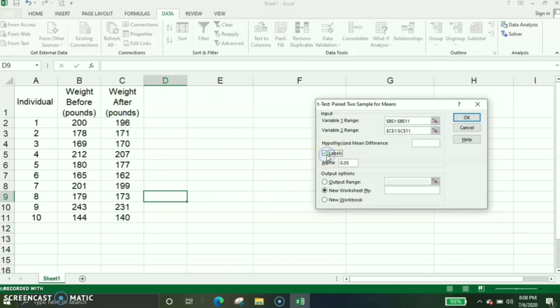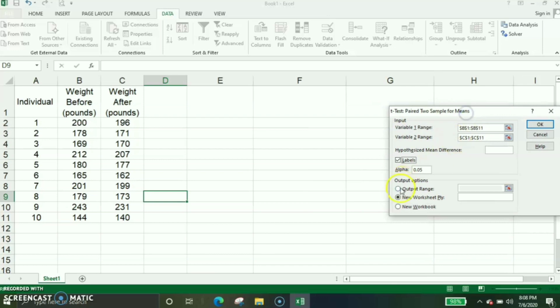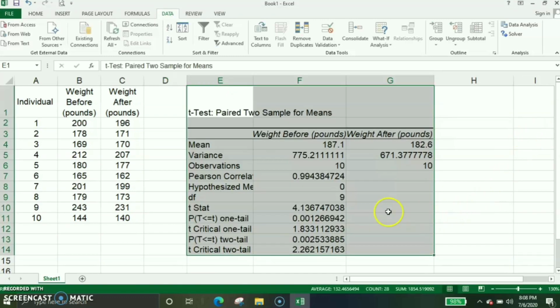Click labels, and then notice that the alpha, or the level of significance, is already set to 0.05. Now the output range will tell us where we wish to put our results. This time I will be choosing E1. Then click OK, and here it is.